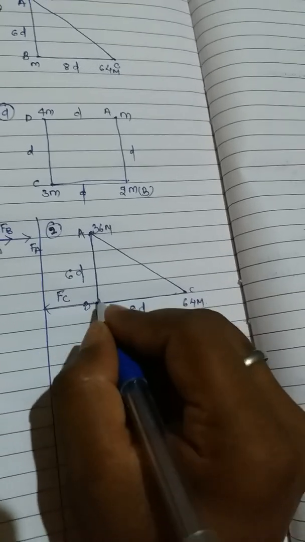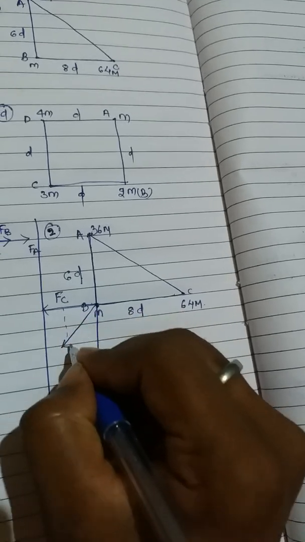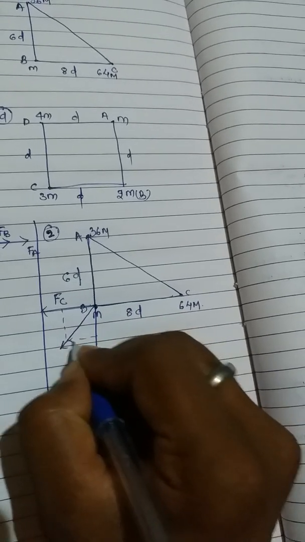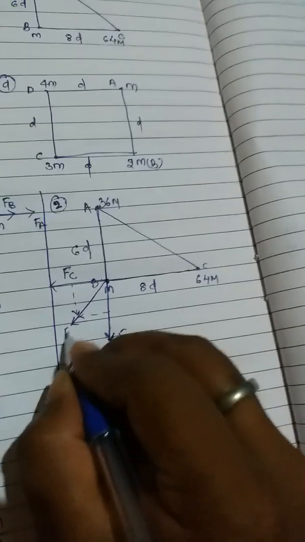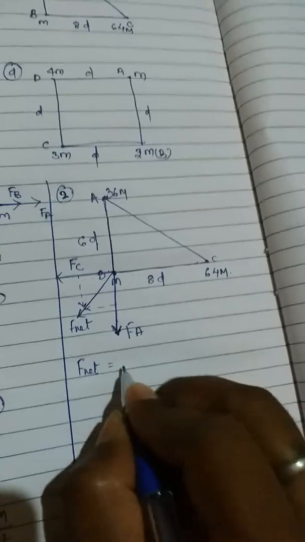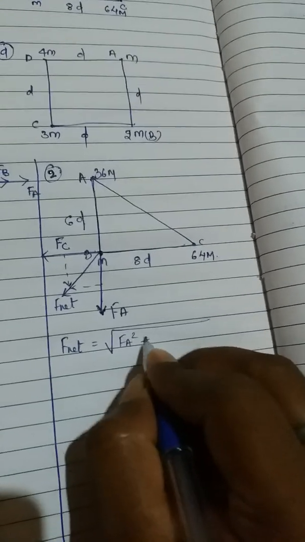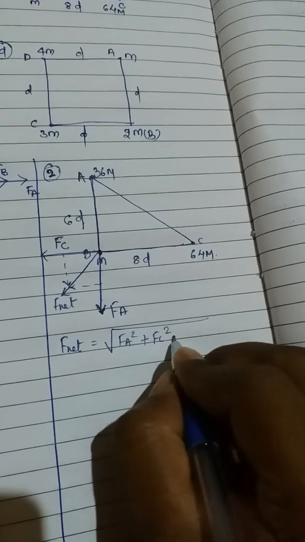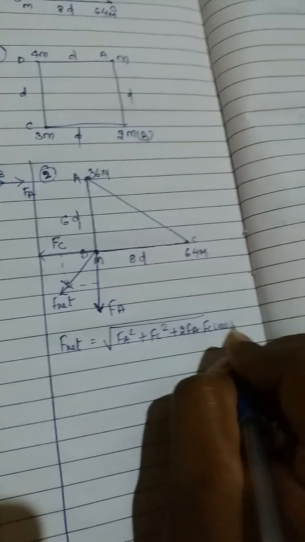So these two are mutually perpendicular, so the resultant force will act in this way, and we can obtain this by the help of the parallelogram law. So now we can write, this is my F net. F net is equal to under root of Fa square plus Fc square plus 2 Fa into Fc into cos theta.